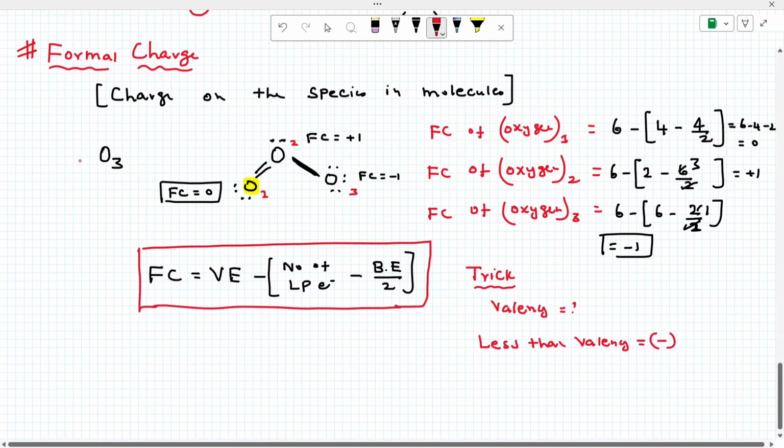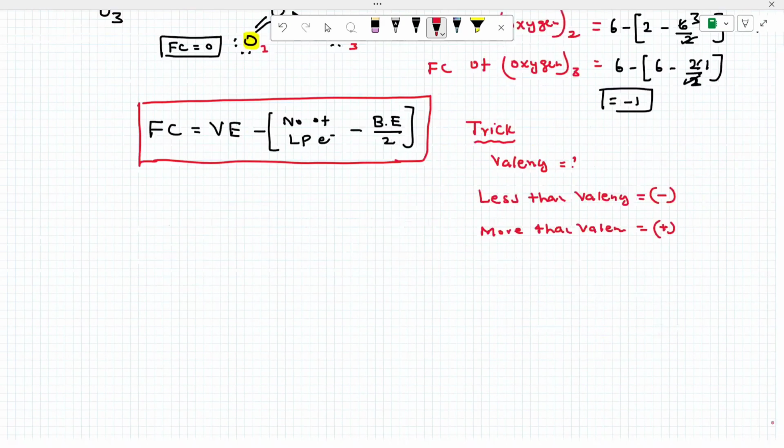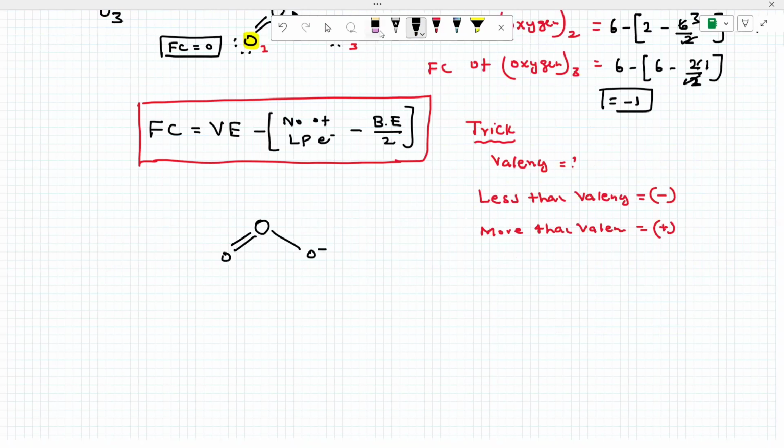If it has more than its valency, we have to put a positive sign. Understood? For example, take the same ozone molecule. Here O, double bond O, and O minus. This is the actual structure.